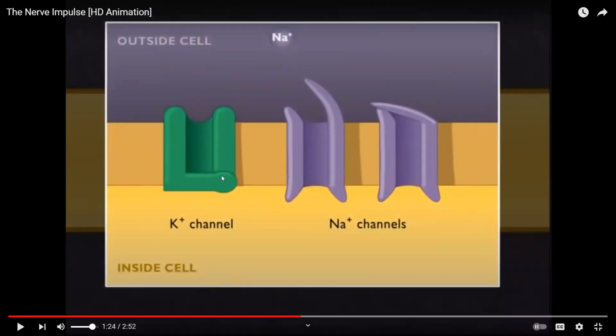So these channels are different from that sodium-potassium pump that differentially pumps sodium ions to the outside and potassium ions to the inside. That's a sodium-potassium pump. It requires an input of energy. It requires ATP in order to pump sodium ions outside and potassium ions inside, therefore establishing a difference between the two.